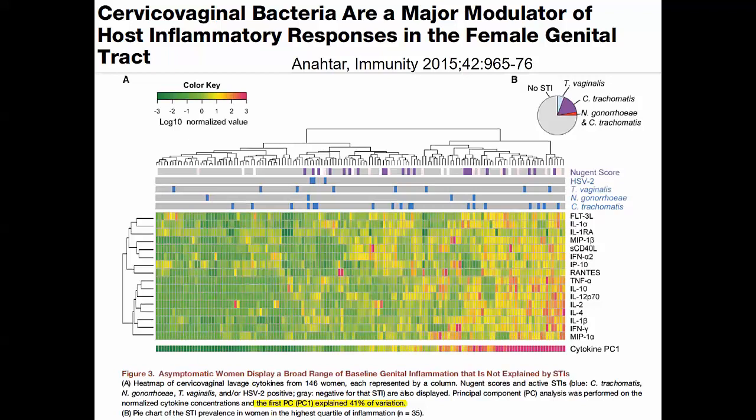So this is a very nice study looking at asymptomatic women in Africa, and looking at the genital inflammation as measured by all of those cytokines here.